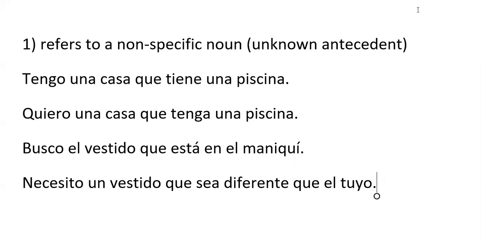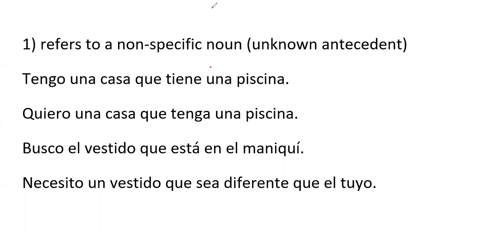So this first one, as I said, is called when we're talking about an unknown antecedent. So a clause that's referring to something whose antecedent is unknown, meaning it's not a specific thing. And I think the best way to talk about this is to give you some examples. So you see this first one here. We've got tengo una casa que tiene una piscina.